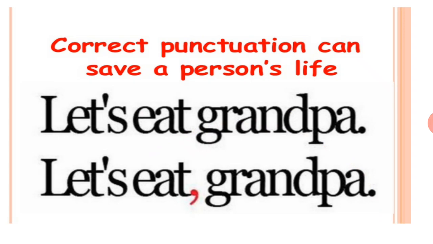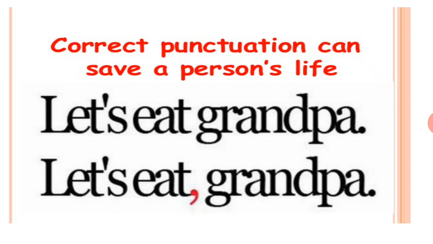Here, "Let's eat grandpa," "Let's eat, grandpa." Two sentences there, but the intended meaning differs. The second example is the speaker letting the grandfather know they are ready to eat. Without the use of the comma, the sentence reads as a statement that the speaker may intend to eat their grandfather.